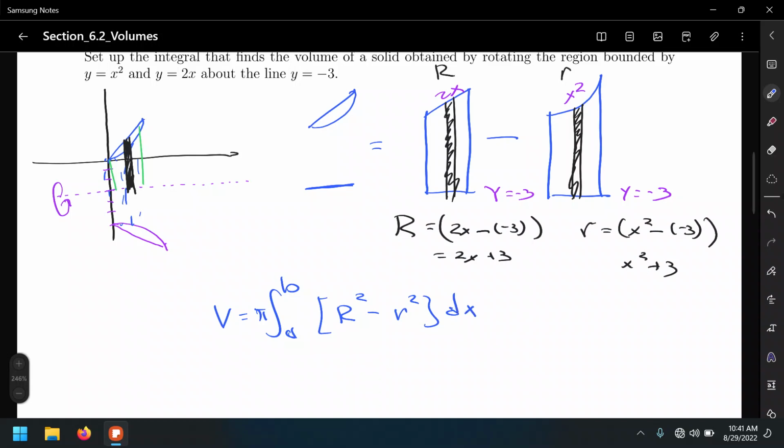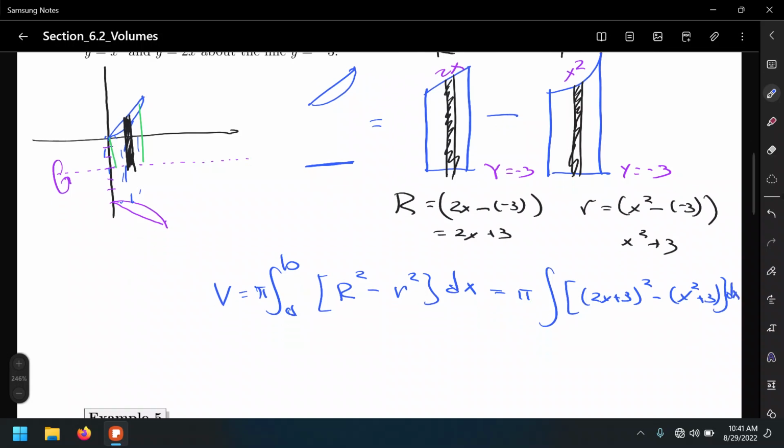And well, we just defined big R and little r individually from the picture, and that's pi integral. We'll look at the limits in a second, and this will be upper, which is 2x plus 3 squared minus x squared plus 3.